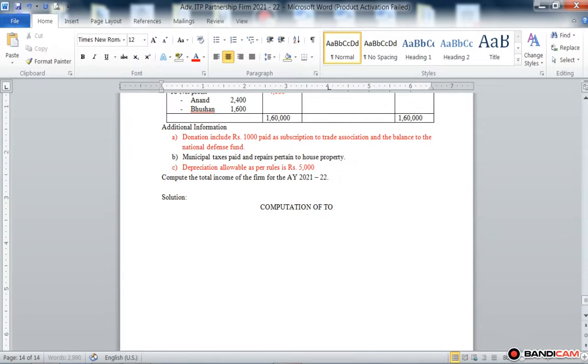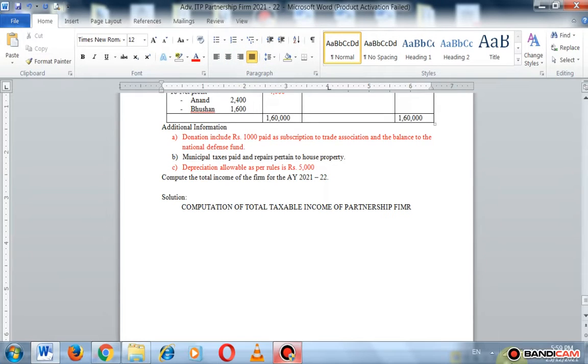Computation of total taxable income of partnership firm for assessment year AY 2021-22, PY 2020-21.